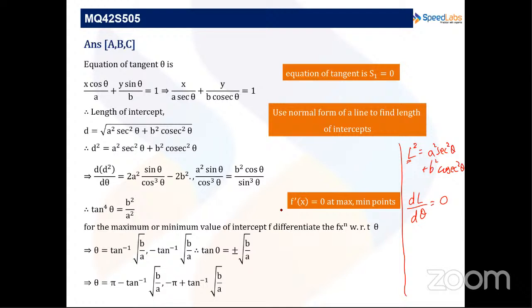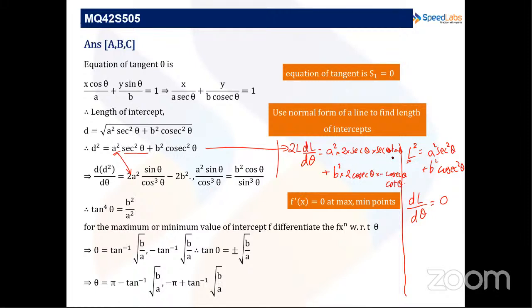Now differentiating, we will get: 2L into dL by d theta will be equal to a square, and for sec square theta the differentiation will be 2 sec theta, and for sec theta we know the differentiation is sec theta into tan theta, plus b square as it is, and for cosec square theta it will be 2 cosec theta, and for cosec theta the differentiation is minus cosec theta into cot theta.